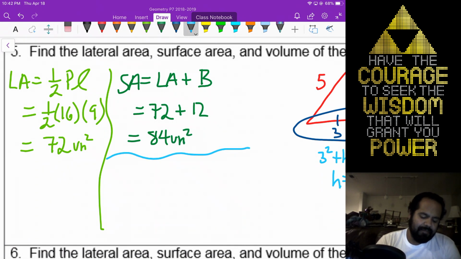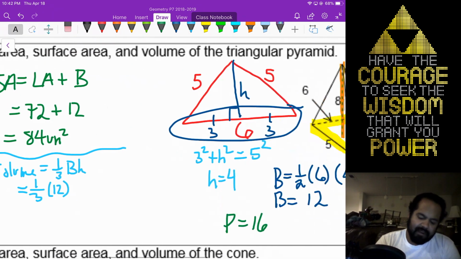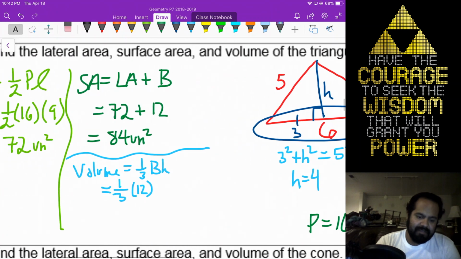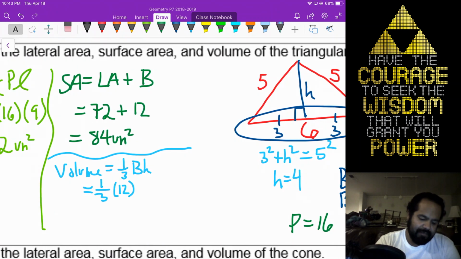Lastly, we have our volume, which in a pyramid is 1/3 base area times the height. So that's going to be 1/3 of 12. And then our height is 8. Remember, it's the height of the solid.